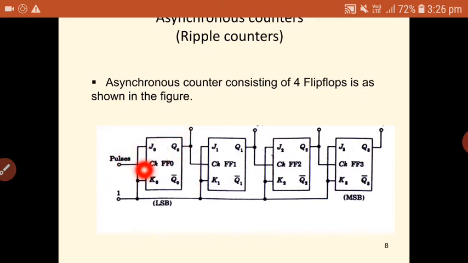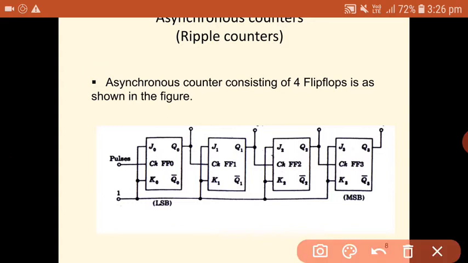Q0 toggles for each and every clock pulse, whereas Q1, Q2, Q3 will be toggling less often compared to the FF0 output. FF1, FF2, FF3 outputs will be changing only when the clock pulse is changing its state from high to low, whenever you are considering negative edge triggering.